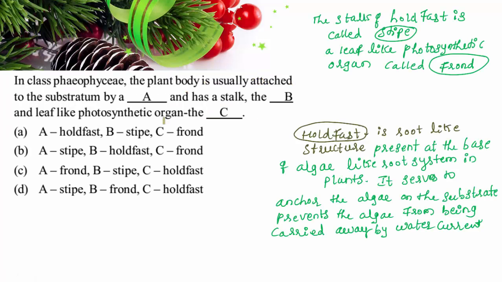In class Phaeophyceae, the plant body is usually attached to the substratum by A. Here we have to find out what is that, capital A, and has a stalk, capital B, and leaf-like photosynthetic organ, C. So in this question, we need to find out what is A, what is B, and what is C in the given options.